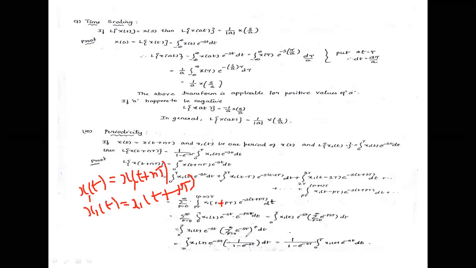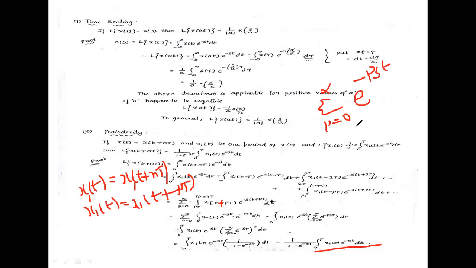Got it, my students? The integral 0 to T of x1 of t e power minus st dt you can write as one function, times the sum of p equal to 0 to infinity of e power minus p sT.